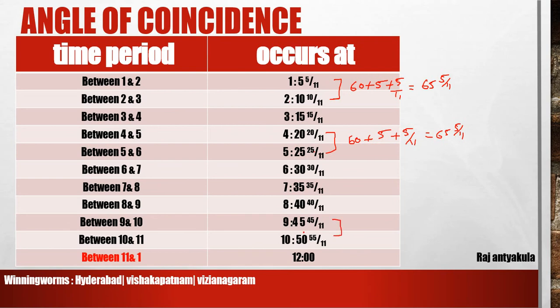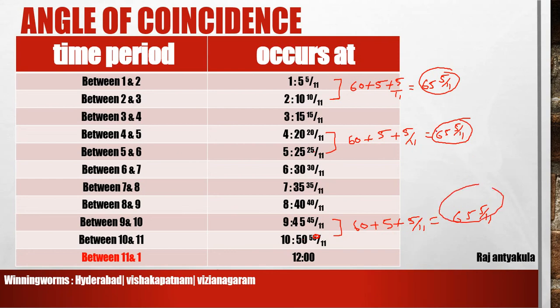Let us take these two cases. 10 minus 9, which is 1 hour, means 60 minutes, plus 50 minus 45, so 5 minutes, and 5 by 11. So that equals 65 5 by 11. It means the time gap between any two successive coincidences is 65 5 by 11 minutes.